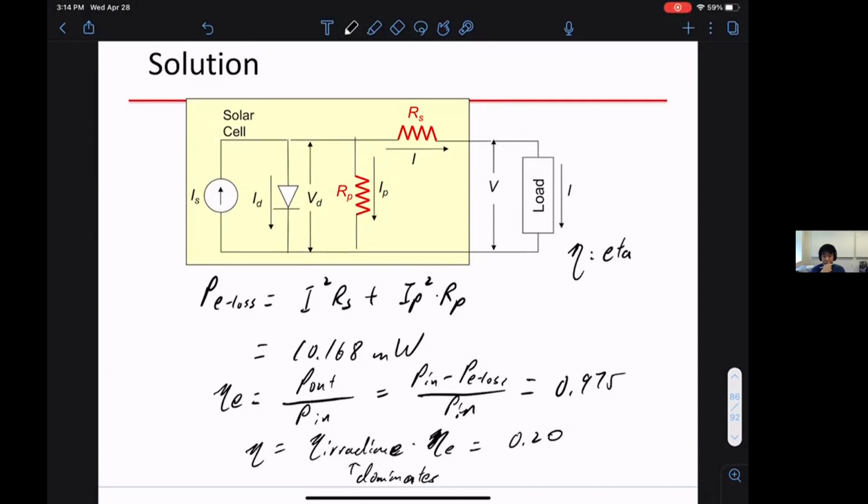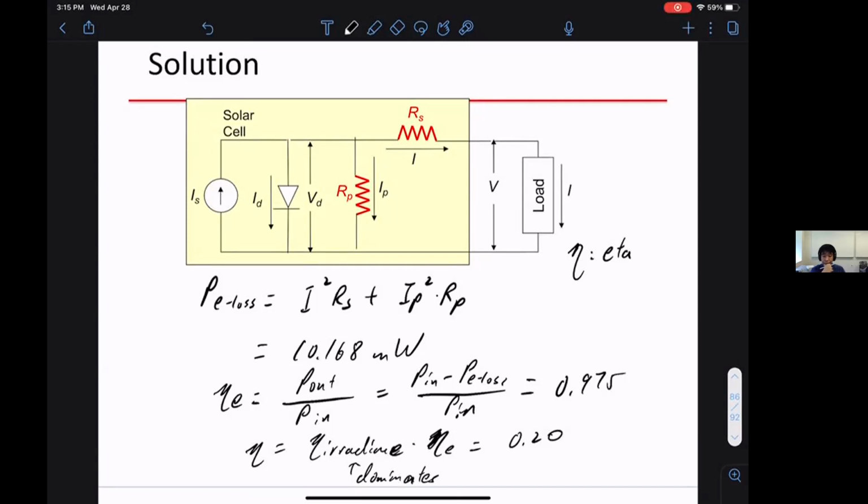So efficiency is always a product, right? You lose X% from this effect, you lose another Y% from another effect. So 20% efficiency is not bad for a solar cell.